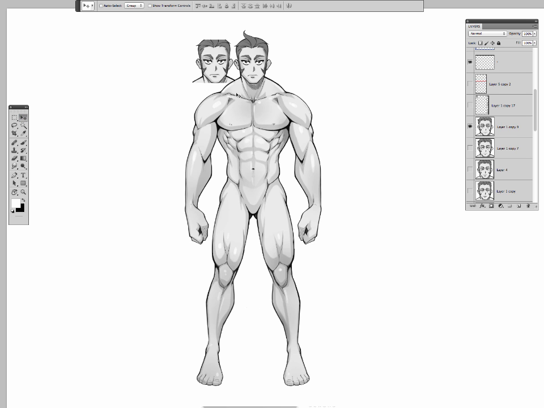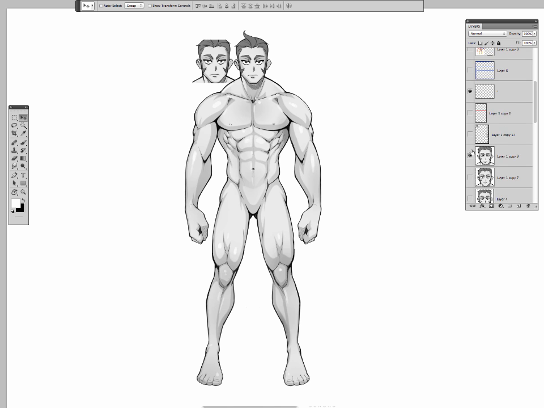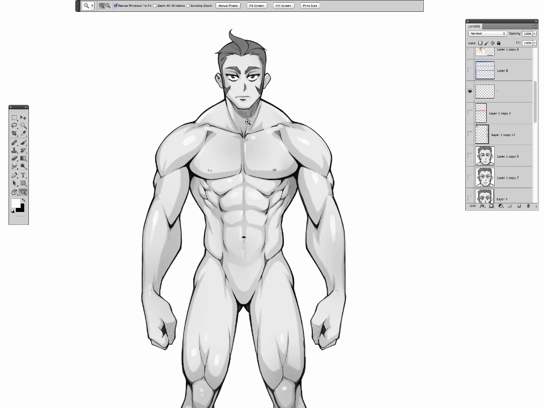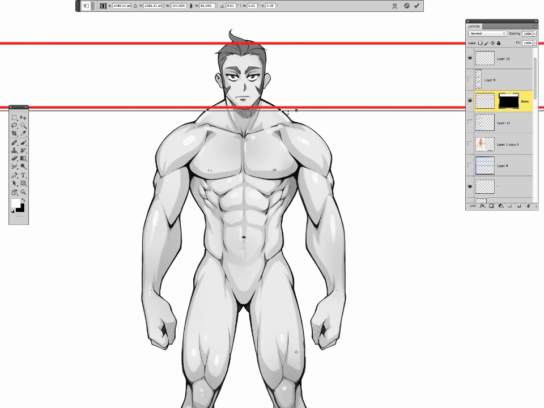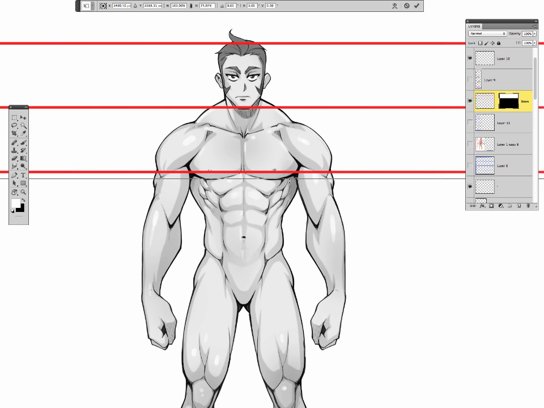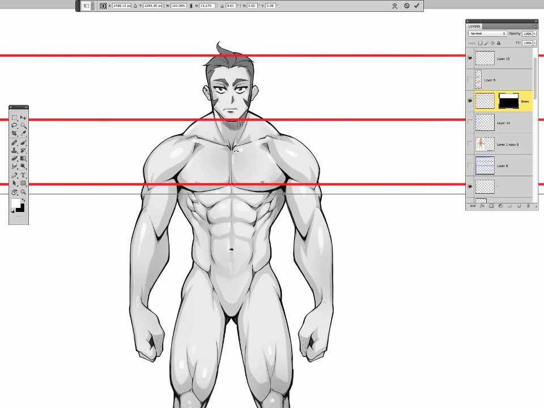And in this case, I'm going to start with the head, and this is the head proportions that I'm going to use for this drawing. So let's start and break down these proportions, okay? So the first one, obviously, is the head. This will be our first unit. The second unit is another head that will be on the nipple lines, okay?